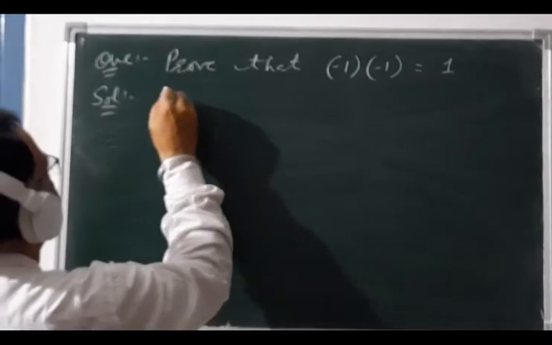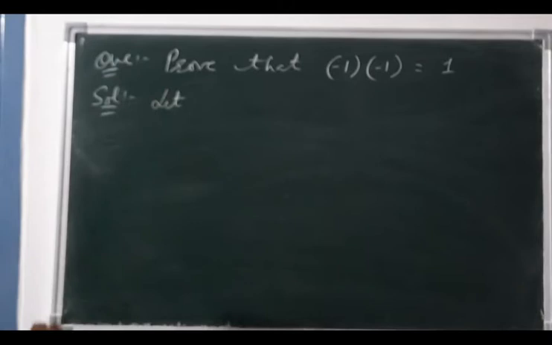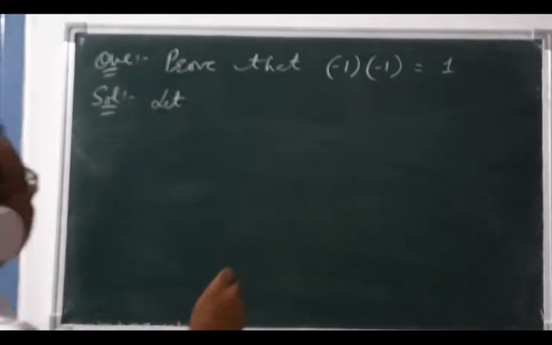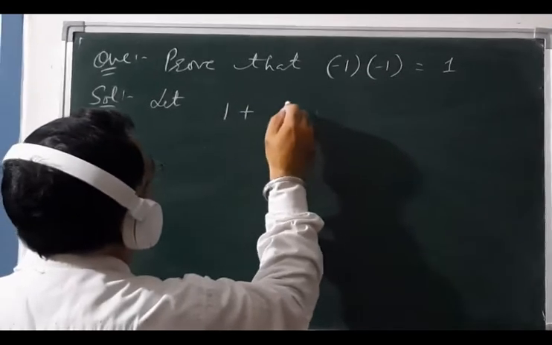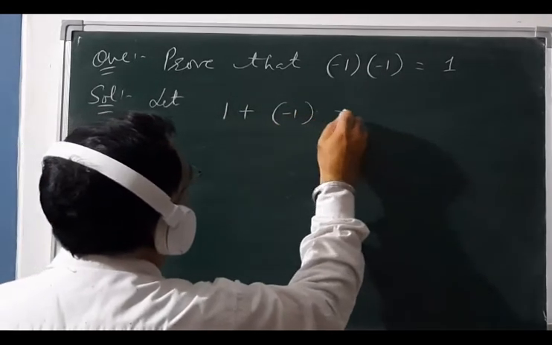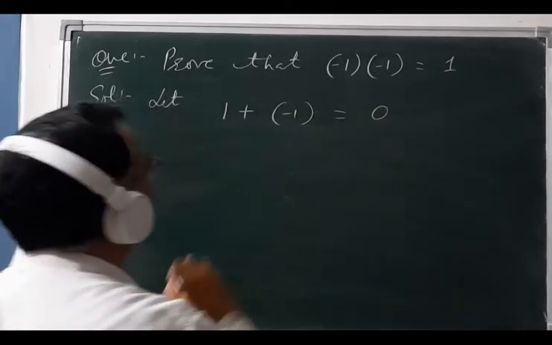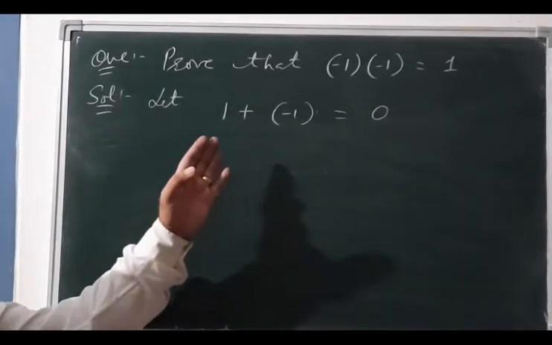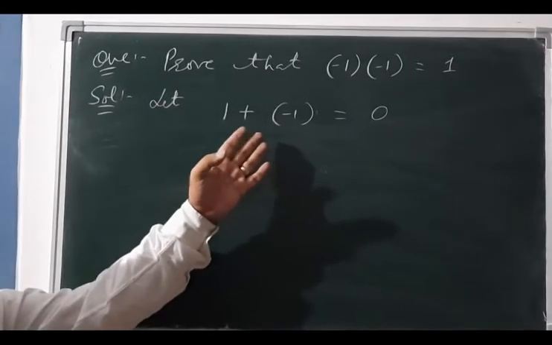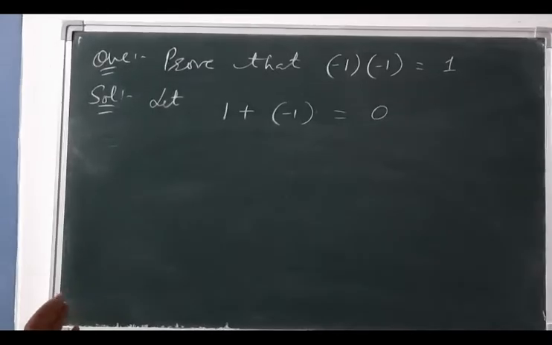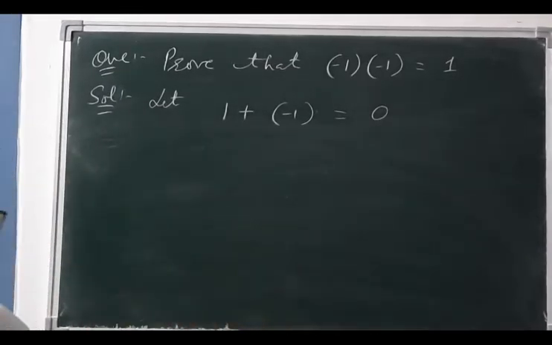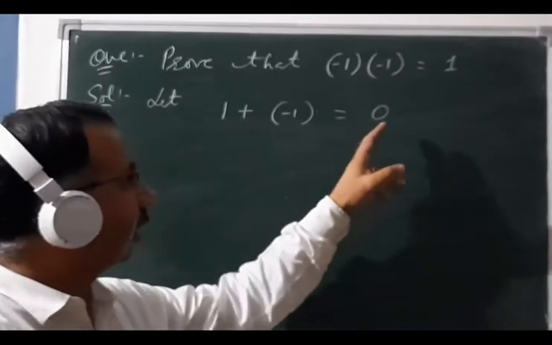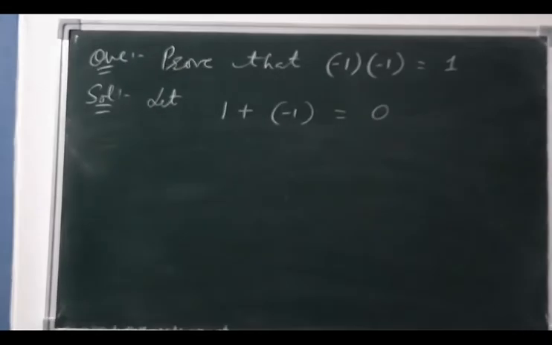So let 1 plus minus 1 be equal to 0. So I have added the additive inverse of 1 to 1. When I add the additive inverse to any number, I get the additive identity. This is my definition of additive identity. So this step is true.